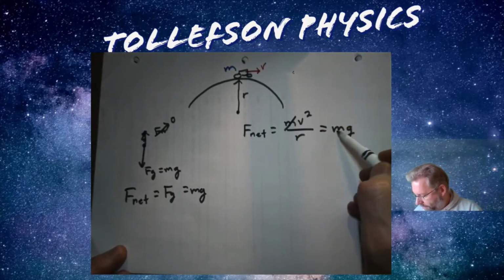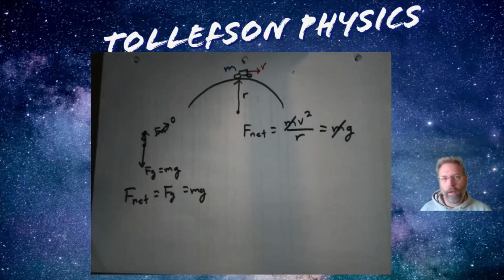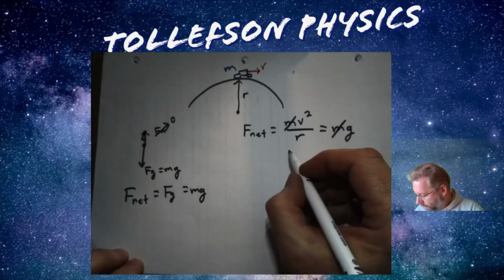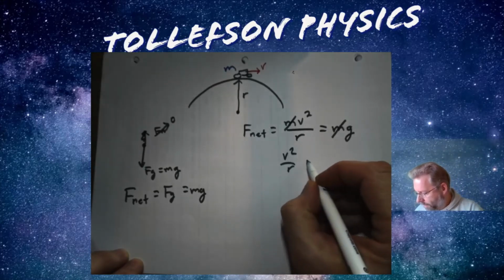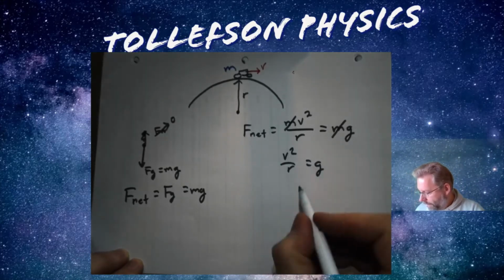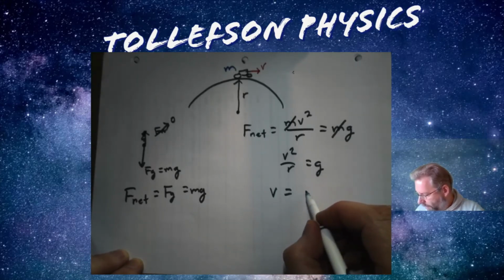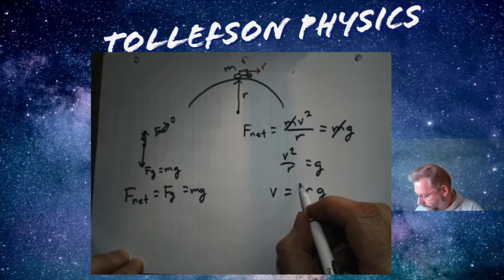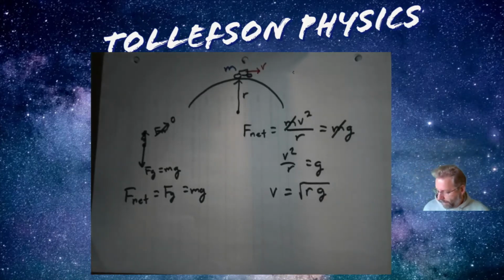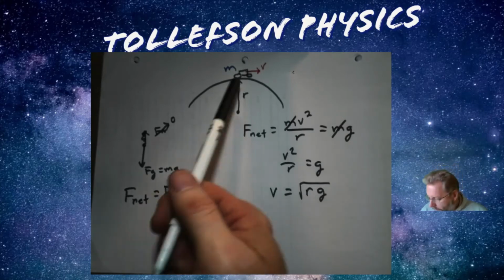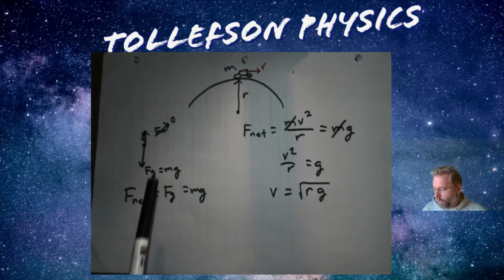Mass cancels, so it doesn't matter how large this vehicle is. If I can achieve the right speed, it's going to launch. This simplifies to v squared over r equals g. Then cross multiply and take the square root, so v equals the square root of r times g. This tells me how fast I need to go to leave this hill.